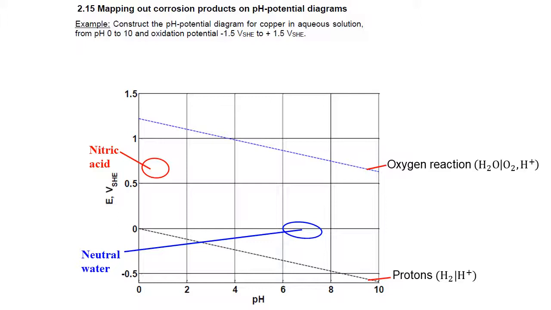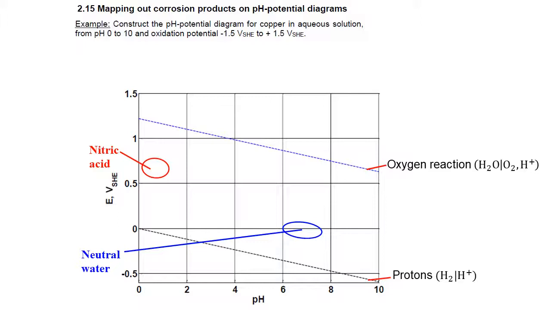The environment will be at least as oxidizing as this proton reaction, because even if there are no other oxidizing agents, in aqueous solution there will be some protons, so the environment will always be at least as oxidizing as the dashed black line. And for some reactive metals, like zinc, that might be enough to potentially cause the metal to corrode, either into dissolved zinc ions or into some sort of zinc solid hydroxide, maybe. That's only relevant in alkali solution, the zinc hydroxide there.